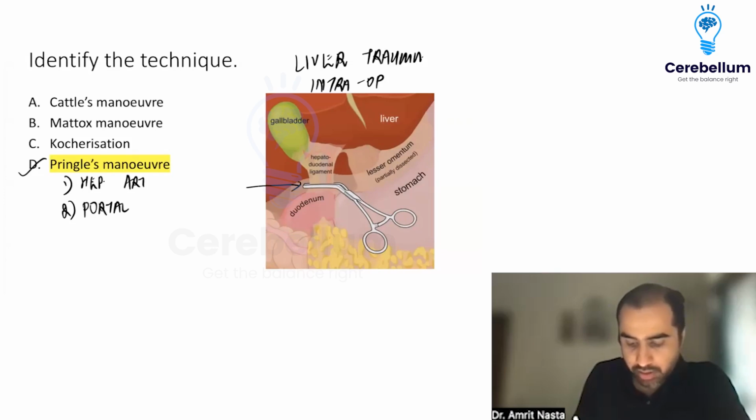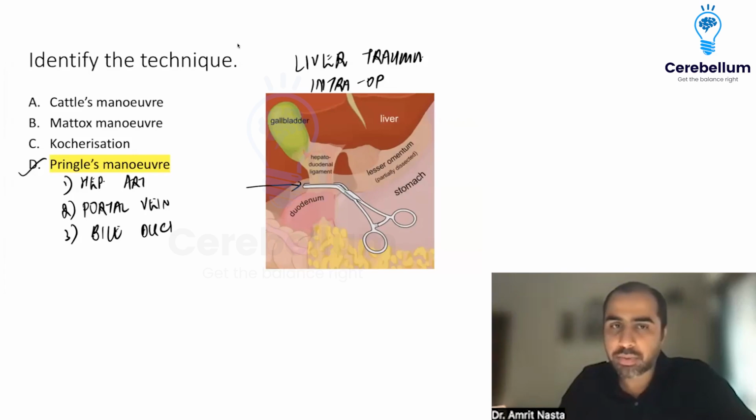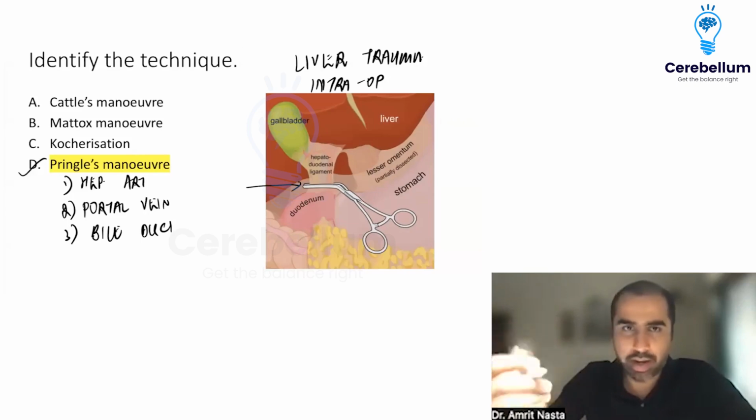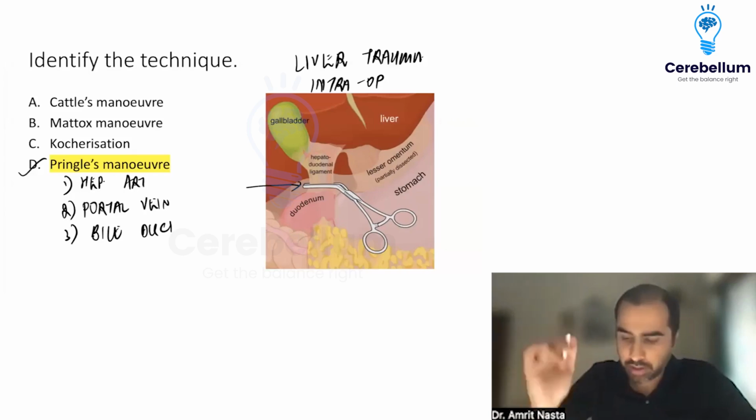So hepatic artery will get clamped, portal vein gets clamped, bile duct also gets clamped, but that's not the important thing. All right. And when I put this, the bleeding should at least for some time stop. At least temporarily, the bleeding should stop. And then from wherever it is bleeding, I'll take some stitches or do whatever I can to stop the bleeding. But at least temporarily, this will work. Okay. So this is Pringle maneuver.